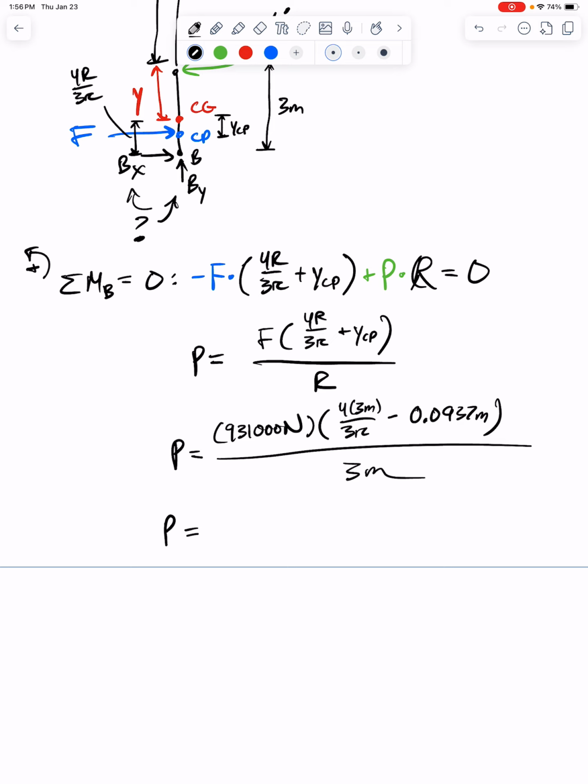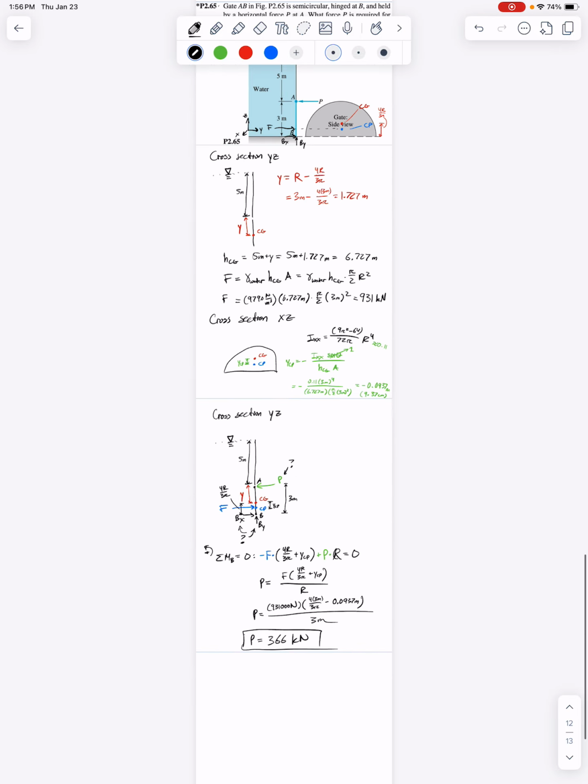The total force required to hold the gate shut, applied at point A, is 366 kilonewtons. That's the force required to hold that gate in place.